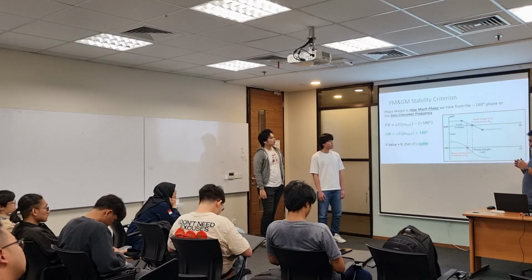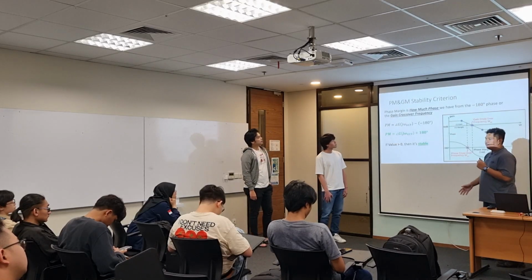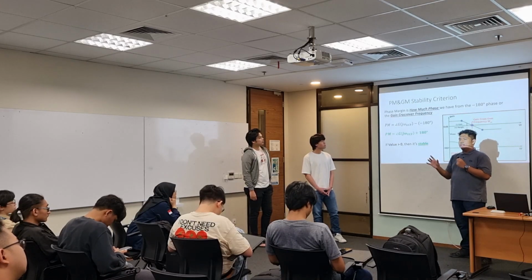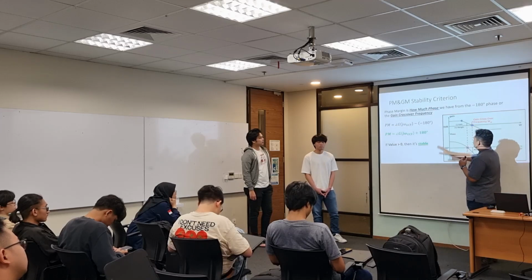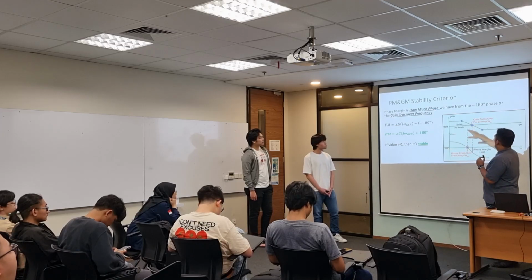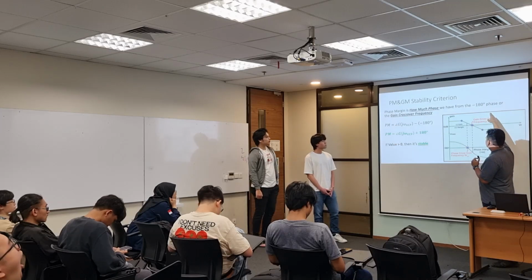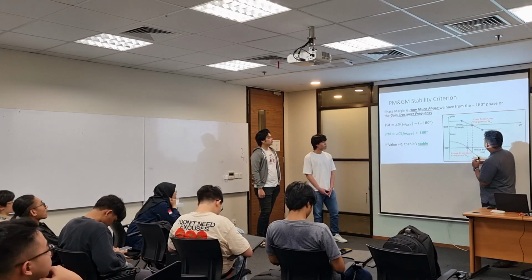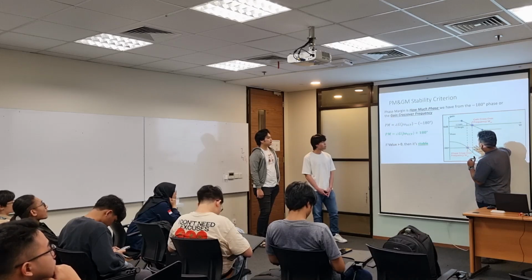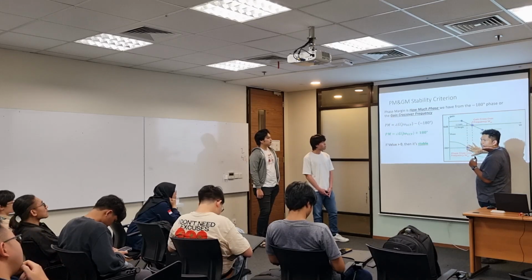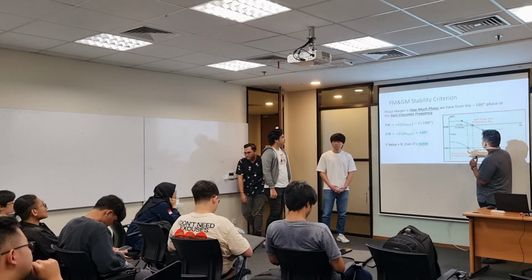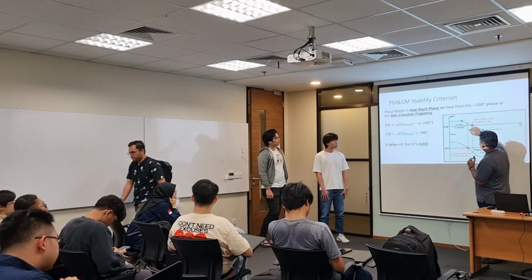Now, phase margin itself, like we know that a margin is something extra before it becomes undesirable in the output. Thus, phase margin is how much phase we have from the 180 degree phase at the gain crossover frequency. Say we have a phase right here. We know that at the point of the crossover it is 180.